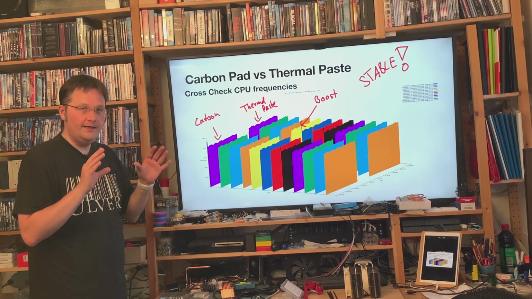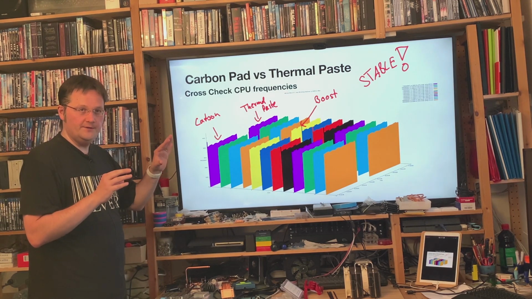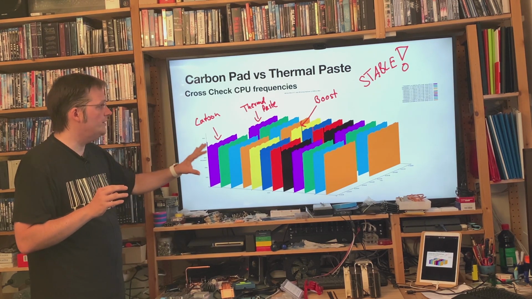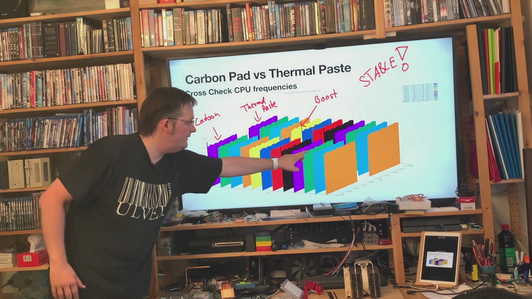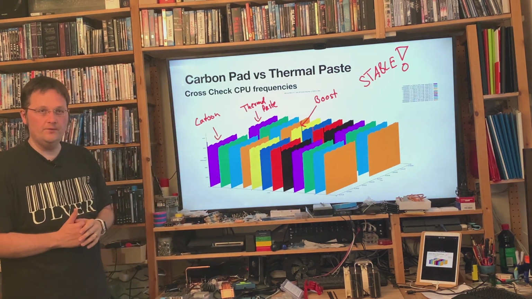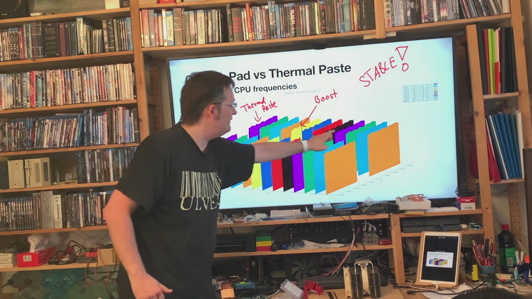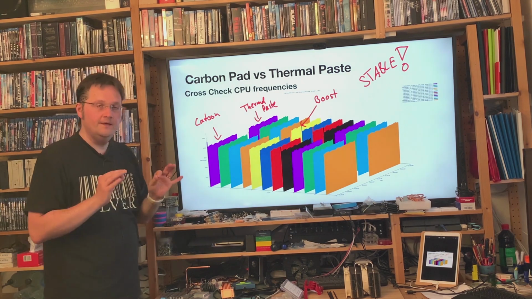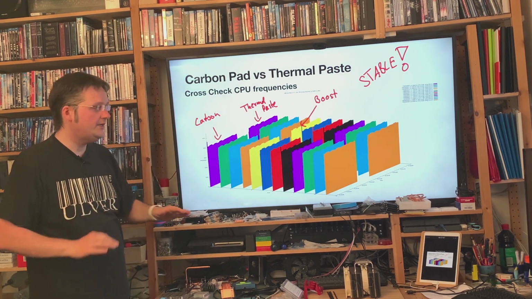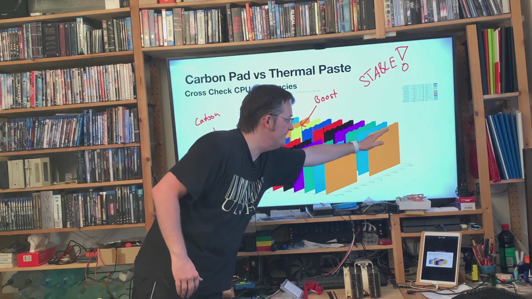What we see here is a cross-check on the frequencies of the CPU cores in the two test scenarios. The first row here was taken using the carbon pads, and the second row was taken using the ICE5 thermal paste. We can see that in both cases the frequencies stayed stable.